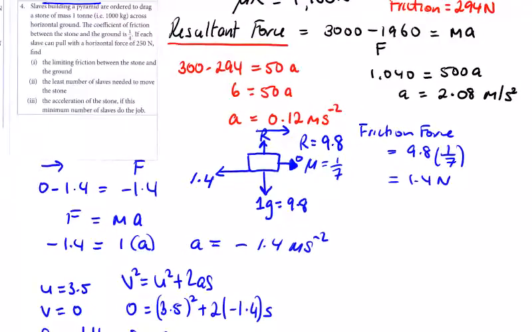Number 4. Slaves are building a pyramid. They're ordered to drag a stone of 1,000 kilos across horizontal ground. Coefficient of friction is 1/4. If each slave can pull with a horizontal force of 250 newtons, find the limiting friction force. We'll do that first. So a little diagram.